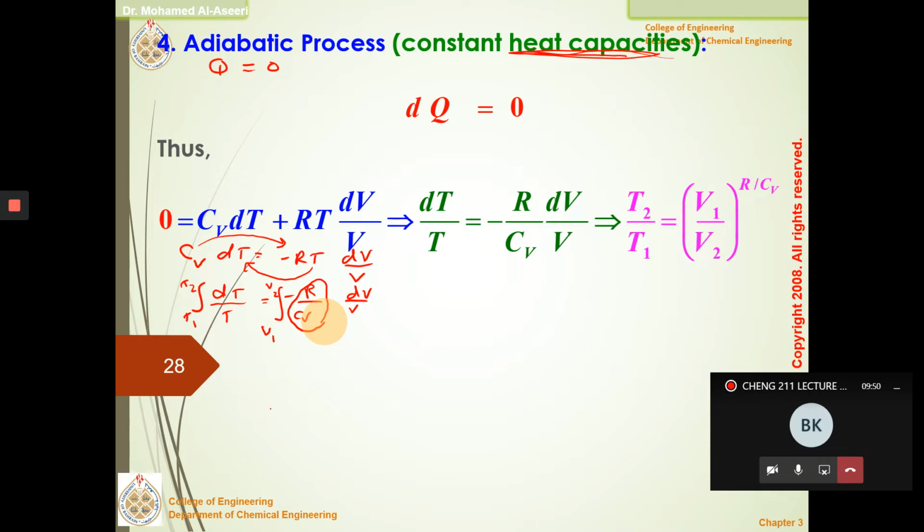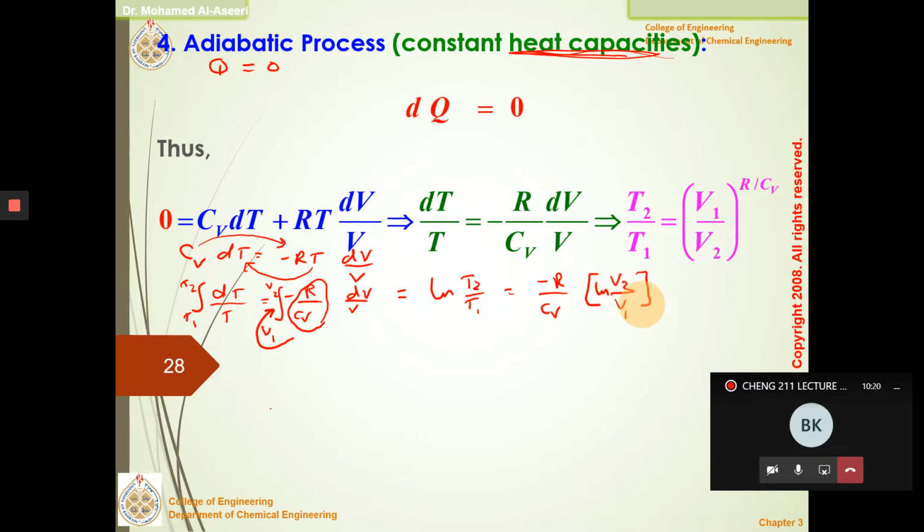But you can see here in the title, I will run my lecture today considering constant heat capacity. So that's why all that term can be taken out of the integration. So the integration of dT over T is going to be ln T2 over T1, equal to minus R over CV outside the integration, and then the integration of dV over V is ln V2 over V1.